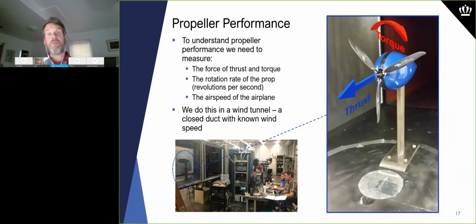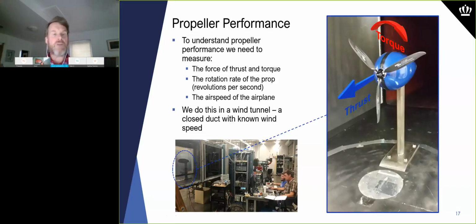To understand this performance, we need to measure several quantities, but the ones we'll talk about are the force of thrust and the moment or the torque that you get from the rotation of the blades. We also need to know about the rotational rate of the prop to get the performance, and we need to know what the airspeed is in the wind tunnel.